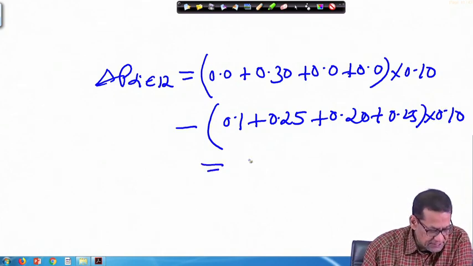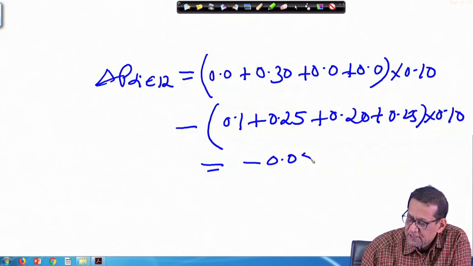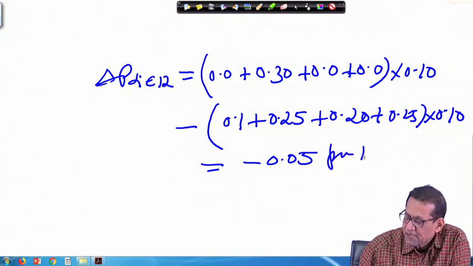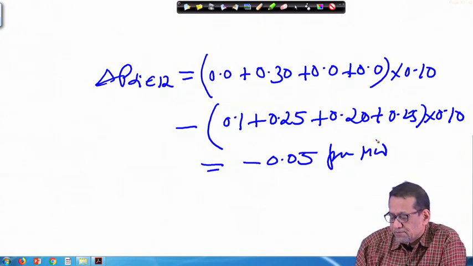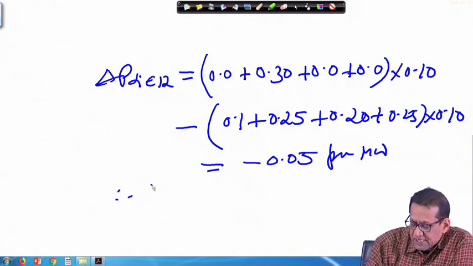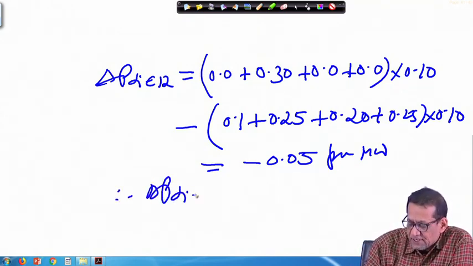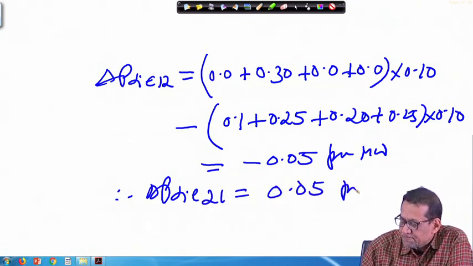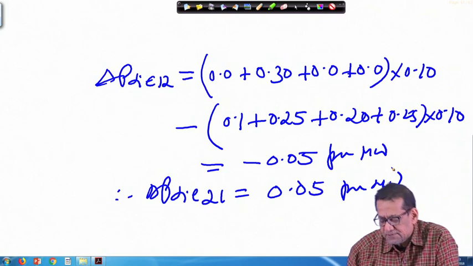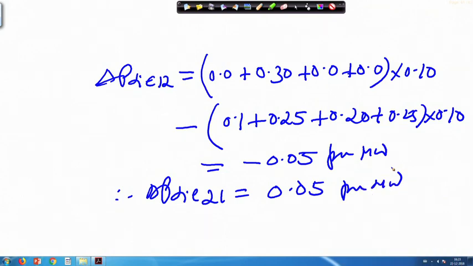Therefore, this actually comes out to be minus 0.05 per unit megawatt. That is, 1 to 2 it is minus, that means power is actually flowing in the direction of delta p tie 2 1, which is equal to 0.05 per unit megawatt. That means power is flowing from area 2 to area 1, right.